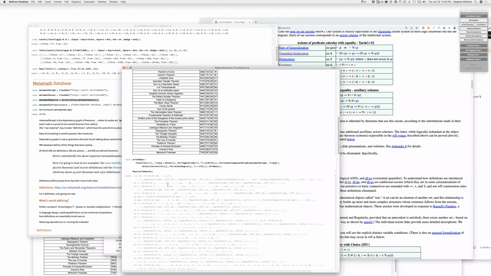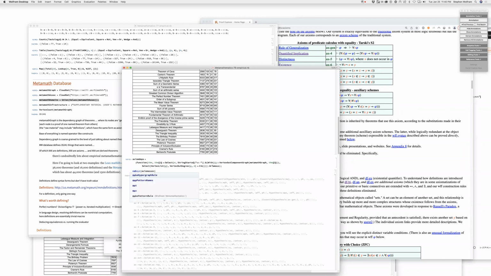And then we want to do that for Metamath a sock. So we want to index into Metamath a sock of hash arrow that.